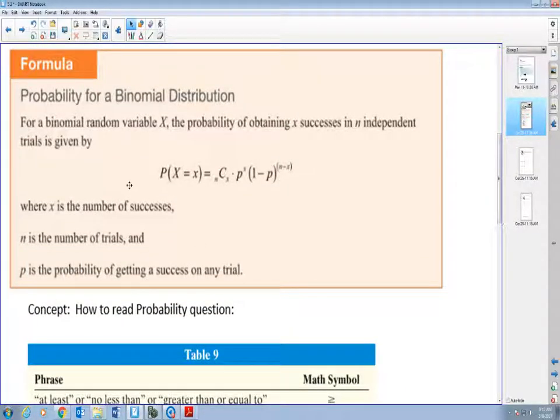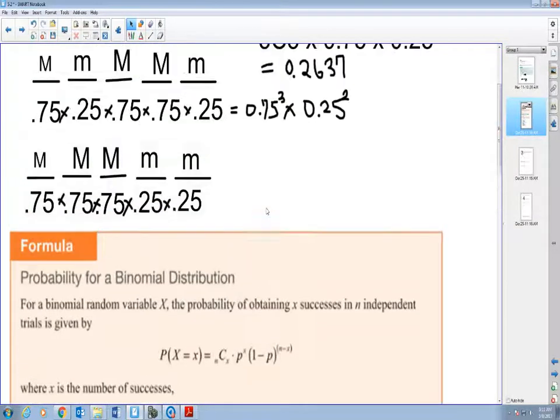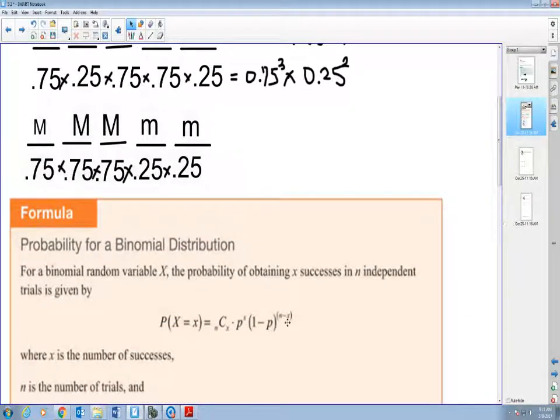For a binomial random variable x, the probability of obtaining x successes in n independent trials is given by P(X = x) equals the combination of n choose x, times the probability of success raised to the number of successes power, times the probability of failure, which is my 0.25, to the power n minus x.